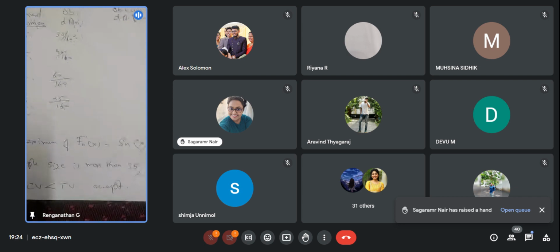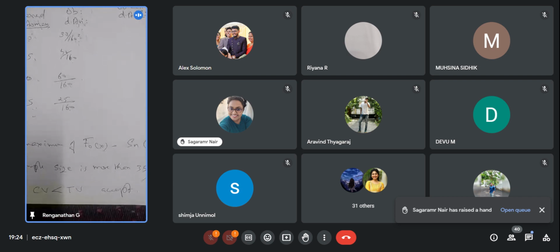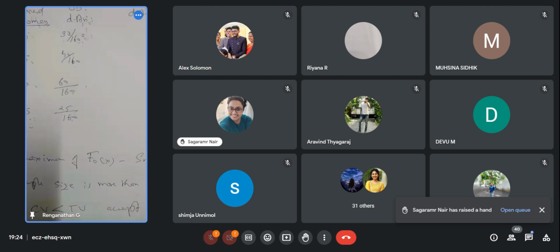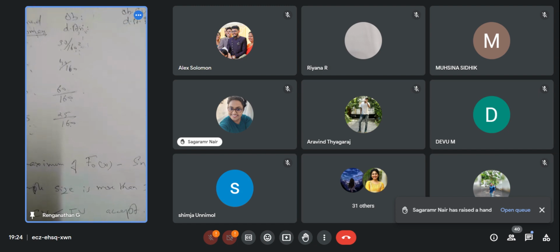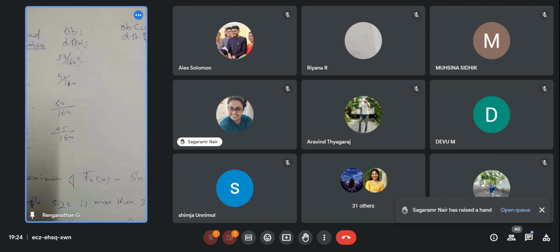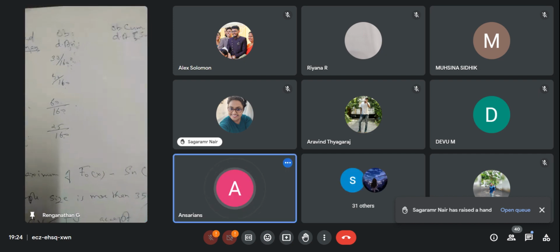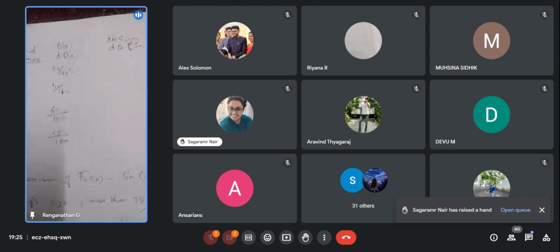Anybody who completed the answer, can you tell me, to confirm the answer for others? 30 by 160 is 0.1875. Next, 45 by 160 is 0.28125, then 0.375, then 0.15625.